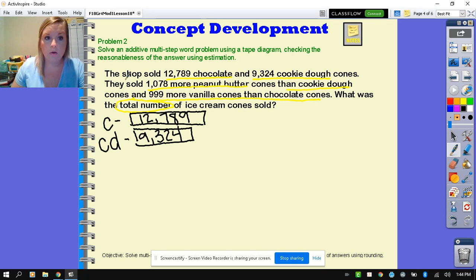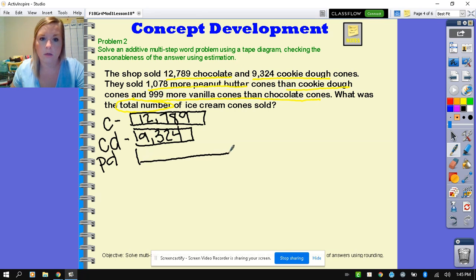Okay, so now here's the tricky part. So then they sold 1,078 more peanut butter cones than cookie dough. So peanut butter is here. Oh, I might have made that a little long. And so really it was more peanut butter than cookie dough. Well, we know cookie dough. So cookie dough is 9,324.